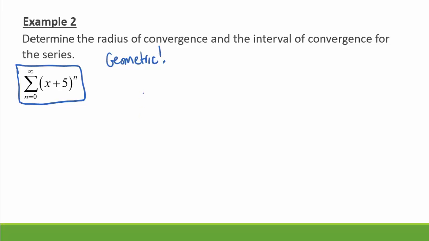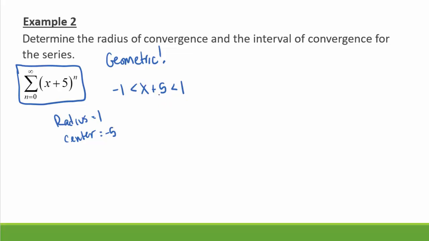So what do we know about a geometric series? The ratio has to range from negative 1 to 1. So technically here, our radius is equal to 1. Our center, remember if we turn that to x minus a, is negative 5.